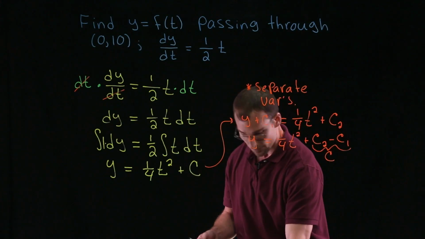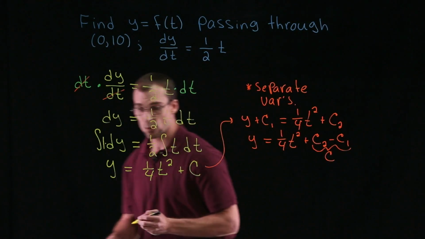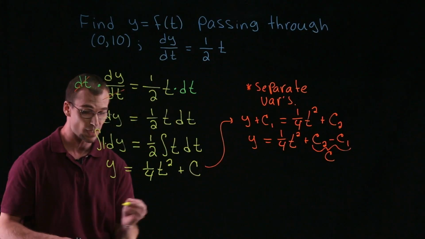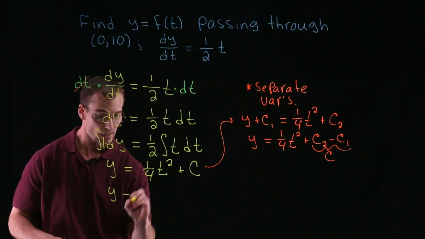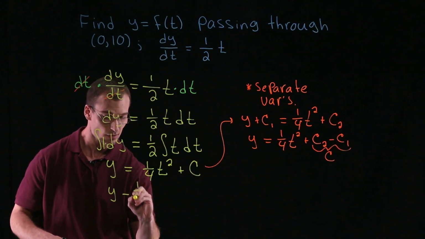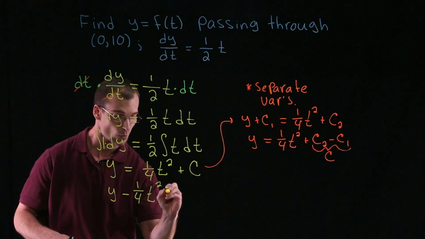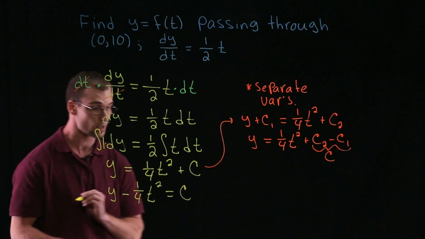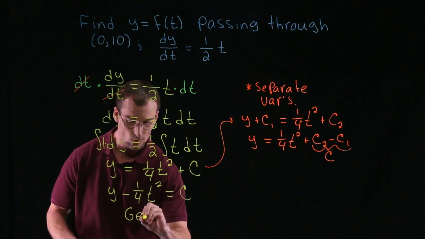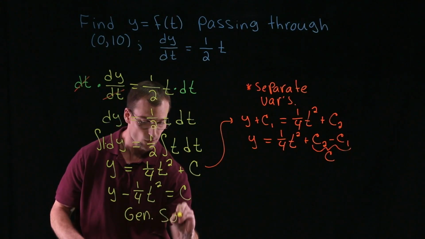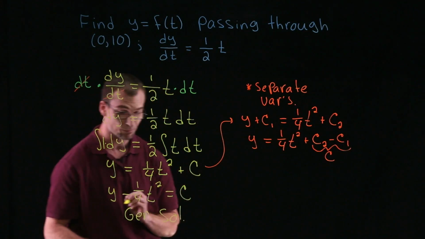Okay, so from here, now we have y equals 1/4 t squared plus c, and the general solution can be written as y minus 1/4 t squared equals c, setting the equation equal to our constant c.